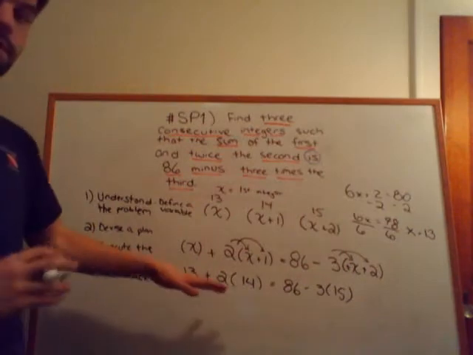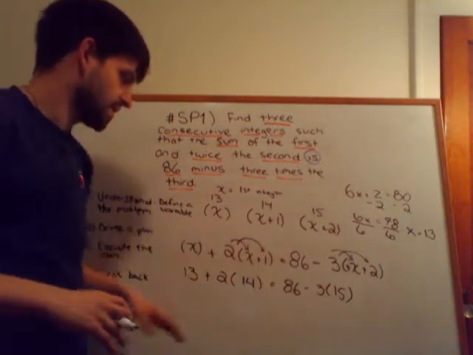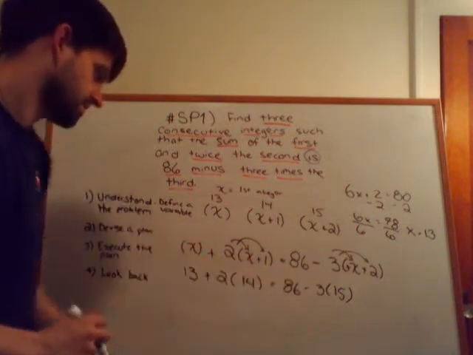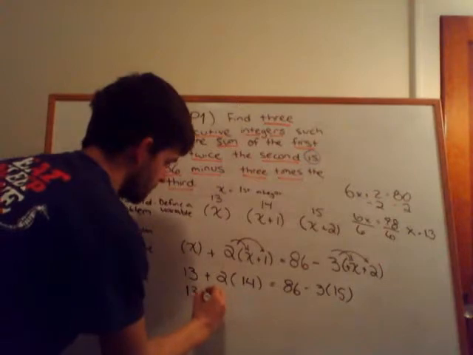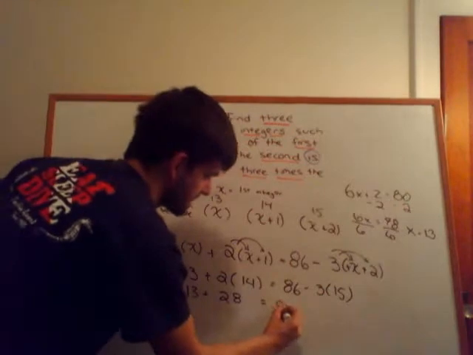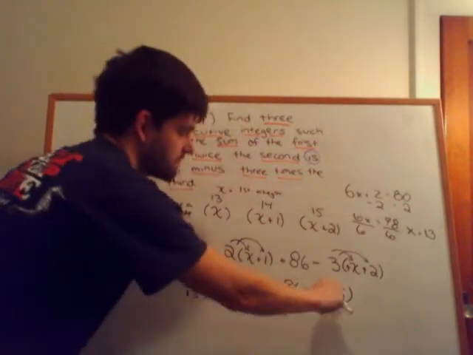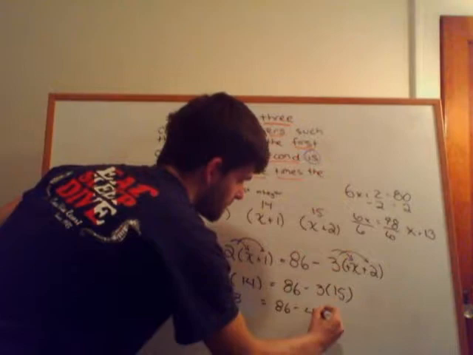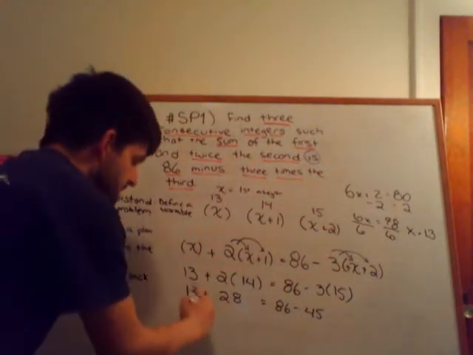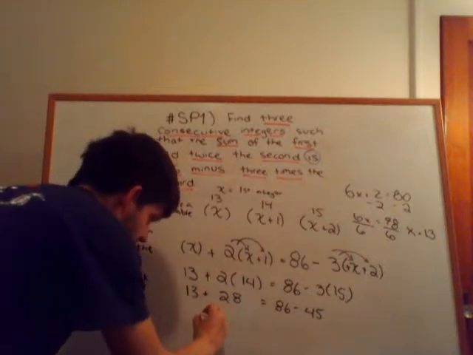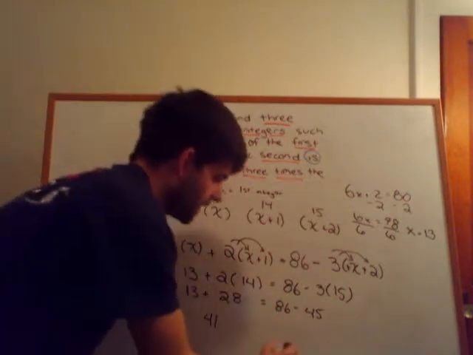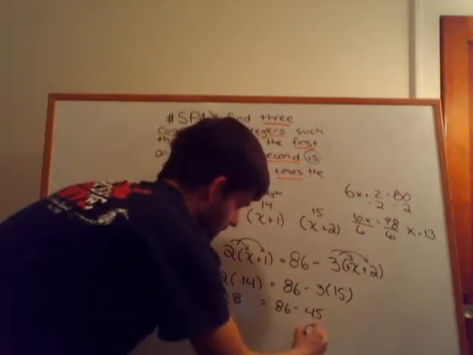Okay, so now let's go ahead and do the arithmetic sums and differences on each side. So let's go ahead and do the multiplication first. So we have 13 plus 2 times 14 is 28 is equal to 86 minus 3 times 15 is 45. So now we just have to see if these two values are identical. 13 plus 28 is 41. 86 minus 45 is also 41.